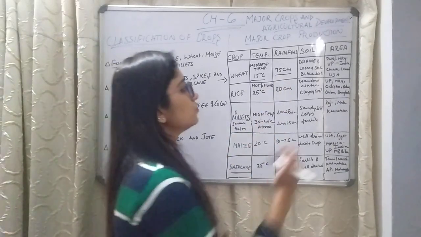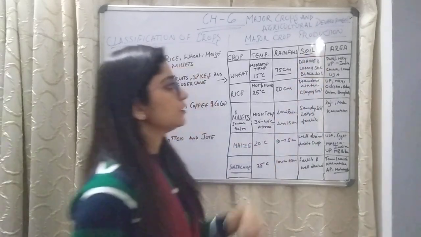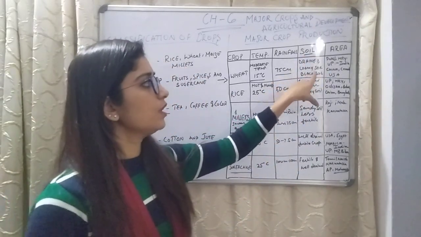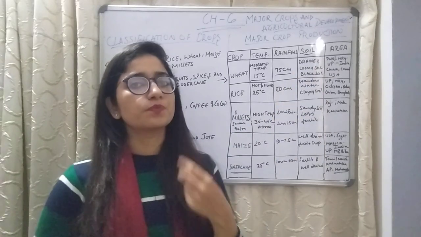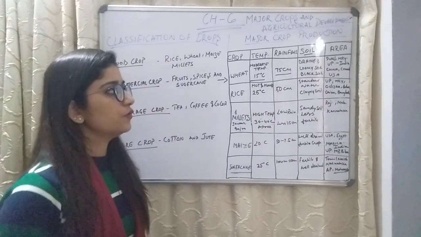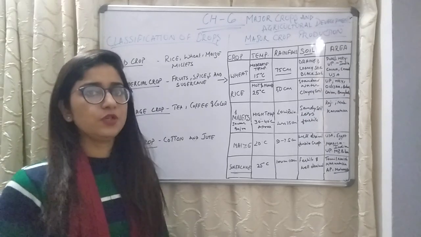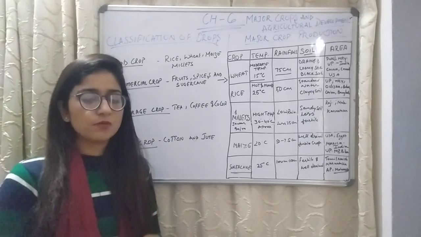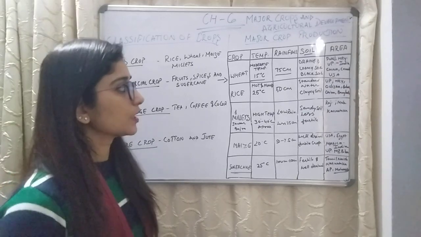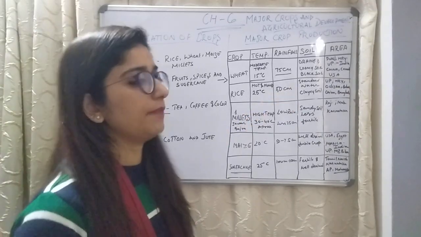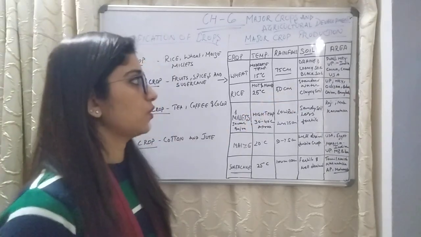Now coming to the soil, it should be loamy soil or black soil, and the soil should be well drained, so that when we put water in it, it drains easily and is not stored over the area.